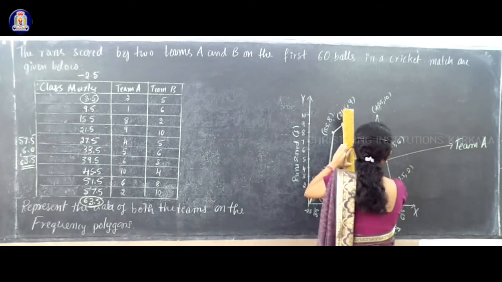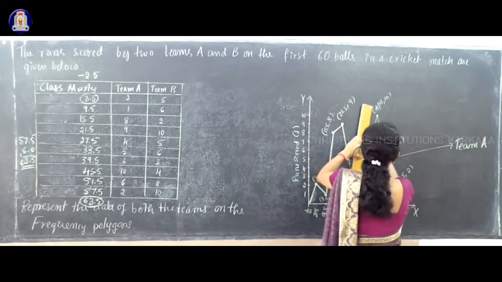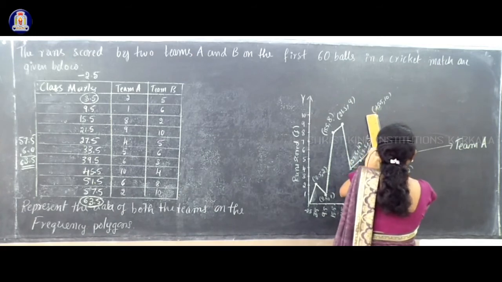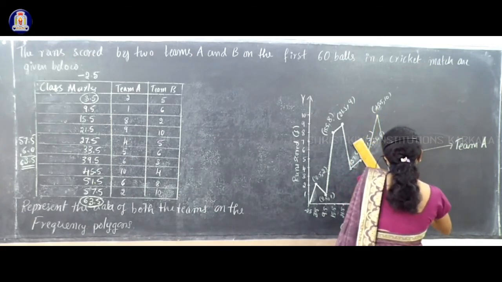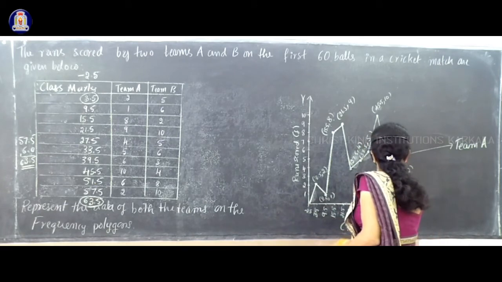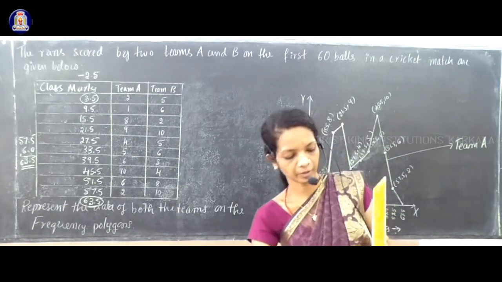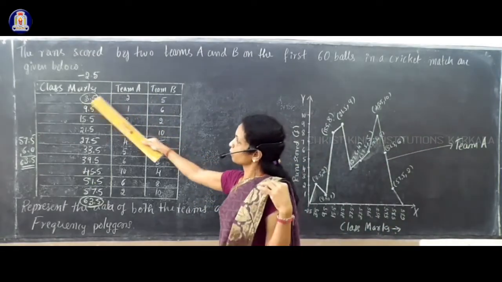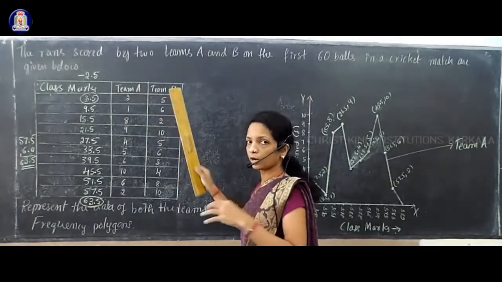In the same way you have to draw the frequency polygon for team B also, and for that I'll use another color. Now we go for team B. Team B's first class mark is 3.5. In that you have to move up to 5.